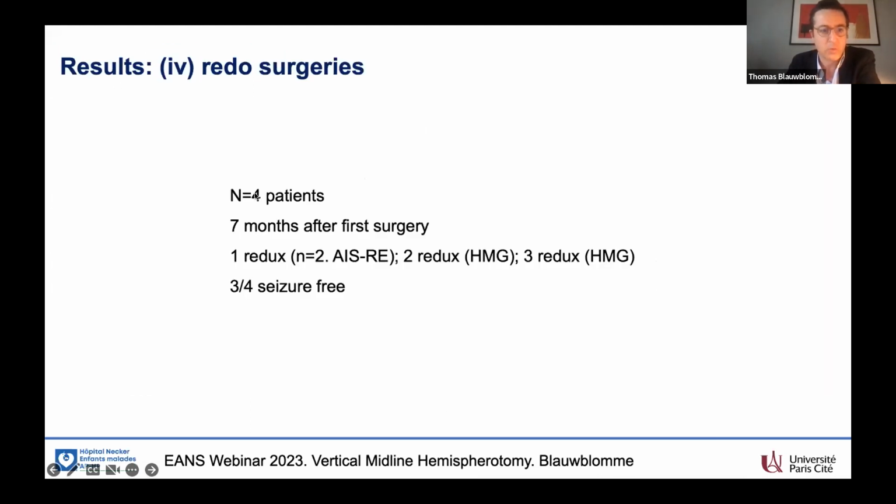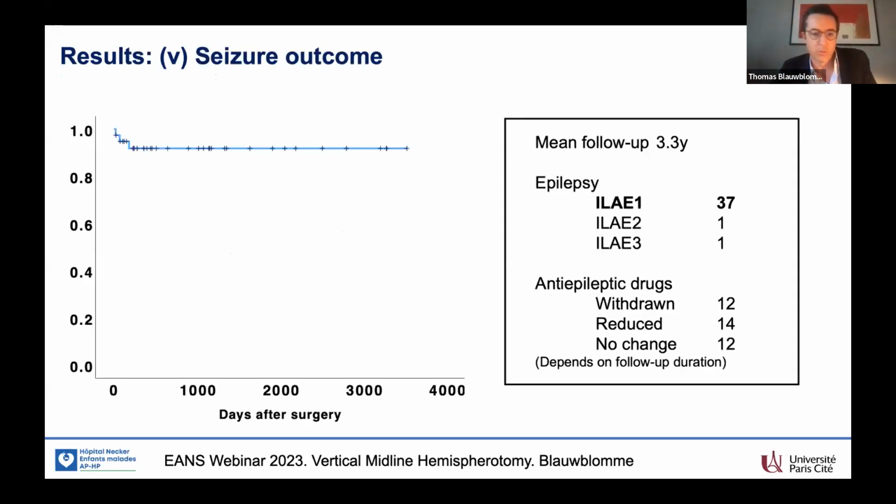And so we did redo surgery for 4 patients because they had seizure relapse, or because in one case we saw that the residual in the corpus callosum was not acceptable. 3 out of 4 cases were seizure-free after this redo surgery. In 1 case, despite apparently complete disconnection, the patient still has seizures at the last follow-up.